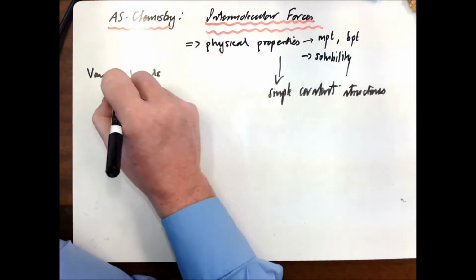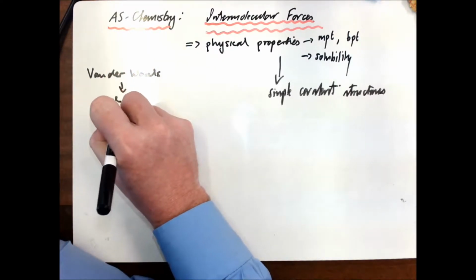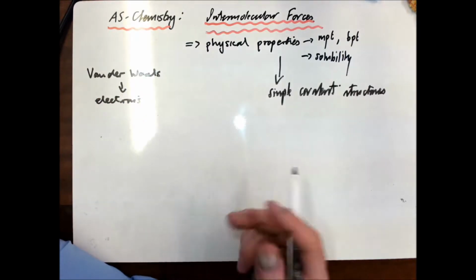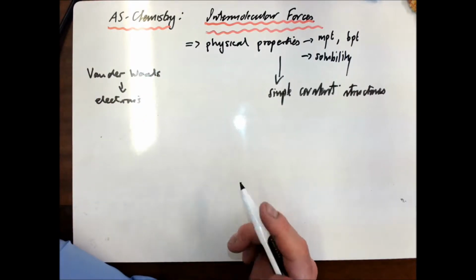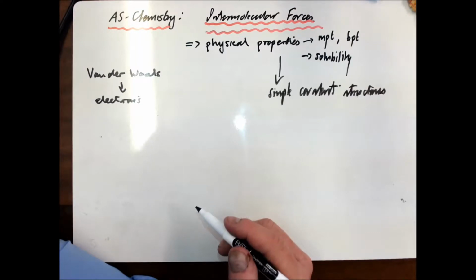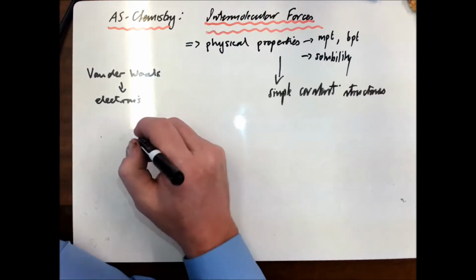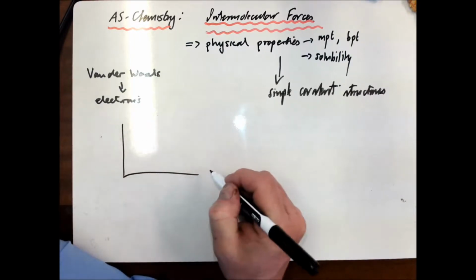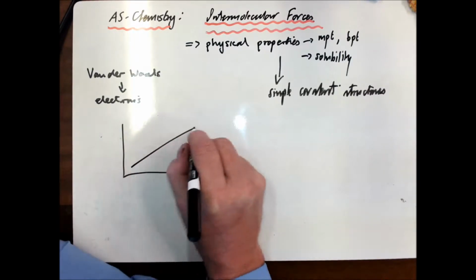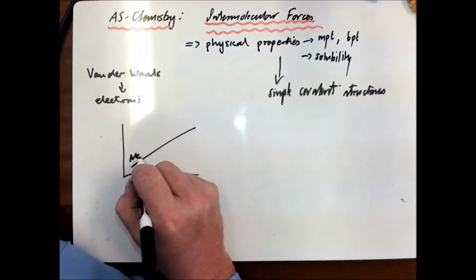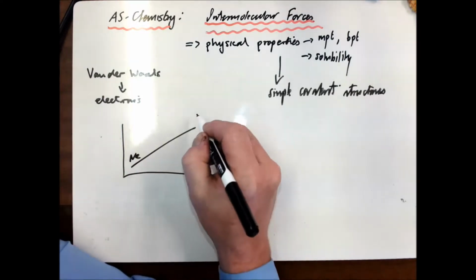Right, so they are essentially affected by the number of electrons within a molecule. So if I was to take a really simple example, if we were to go to group O in the periodic table, the noble gases, and plot boiling points of those noble gases, we would end up with a graph, maybe not exactly like that, but pretty similar.